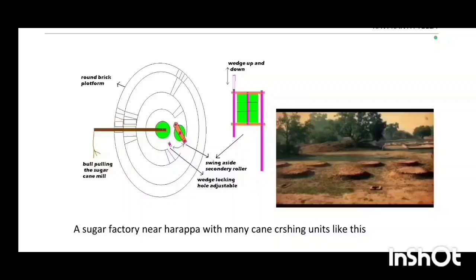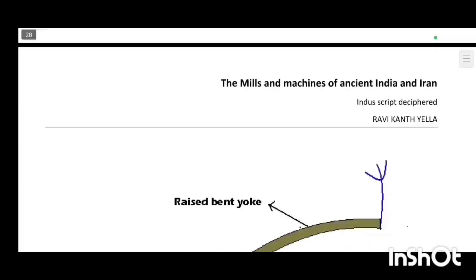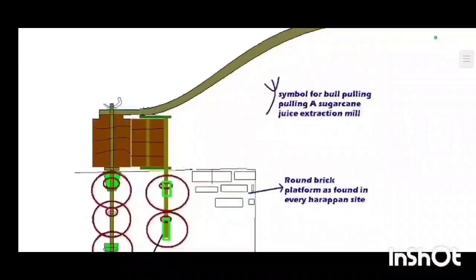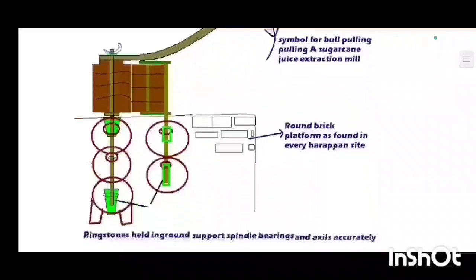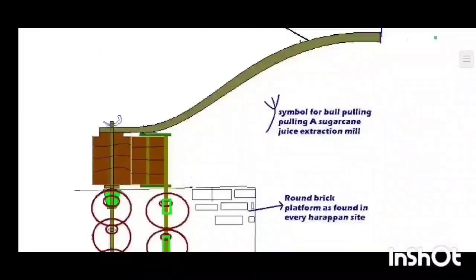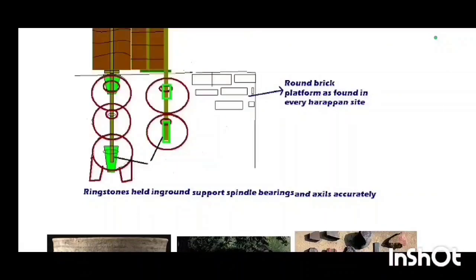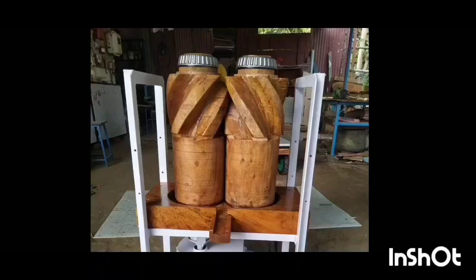Here is the top view of that circular brick platform. You can imagine how juice is extracted like this. This is the side cross-sectional view of wooden rollers and underground stone bearings.